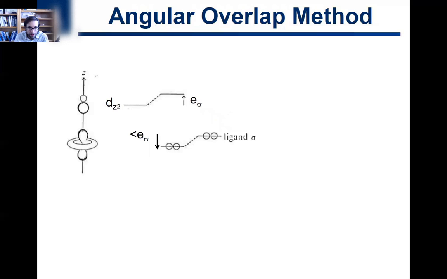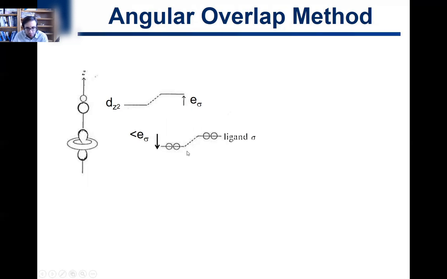Since this is becoming an antibonding molecular orbital, it's an atomic orbital over here, but now it's a molecular orbital, and it's antibonding. The more sigma interaction you have on the ligand, the higher this is going to get raised. We're going to call the value that this gets raised above where it was as an atomic orbital E sigma.